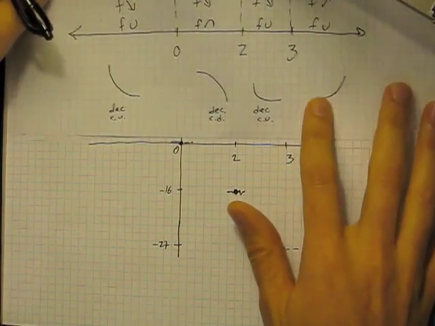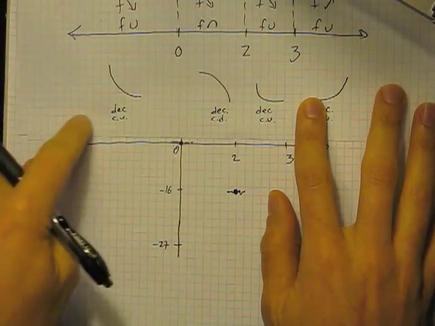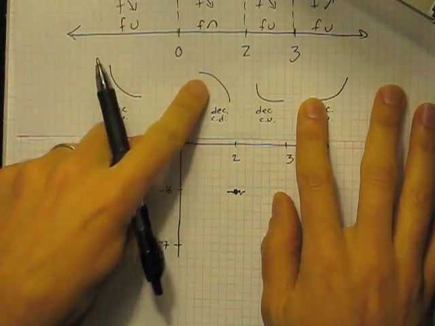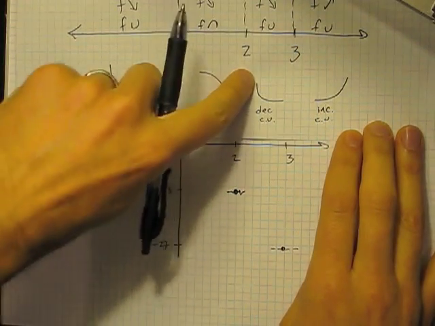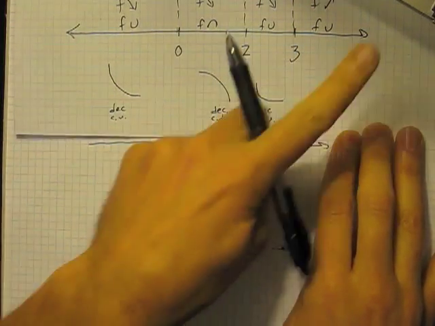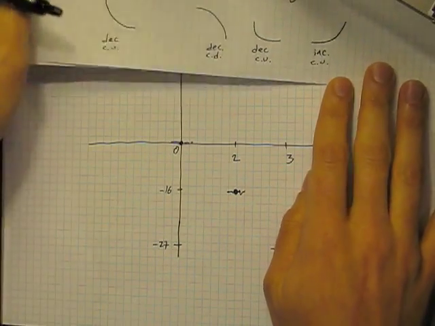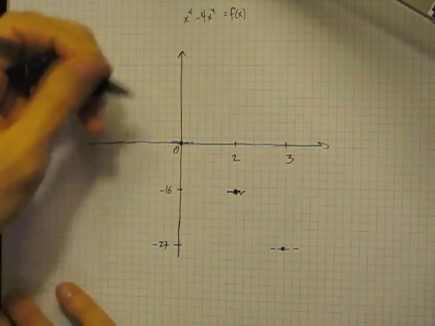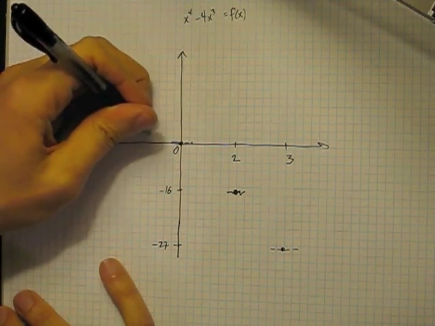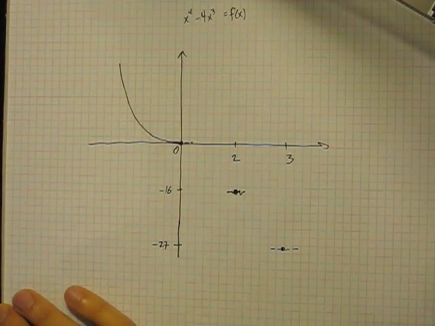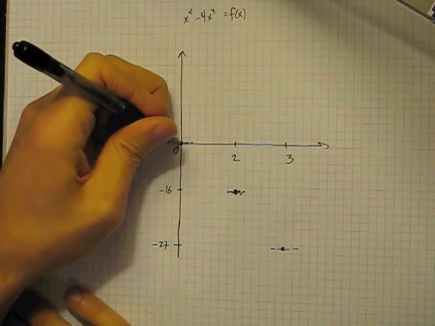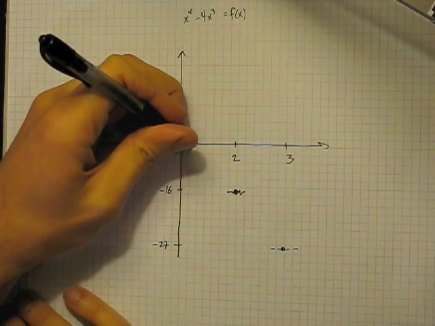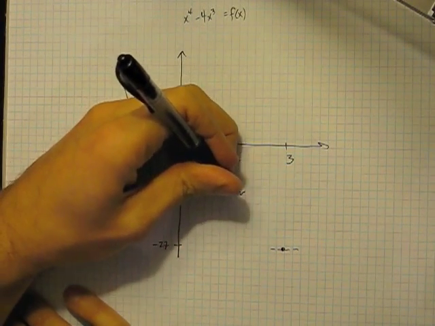From minus infinity to 0, the graph must look like that. And then after that, it looks like this. Then it has to pass through 2, and continue to look like this till it gets to 3, and then shoot back up again. If we fill this in, I'm going to try to do this off camera. It has to be concave up and decreasing to there. Then it switches concavity, so it goes to concave down, but still decreasing, and passes through there.